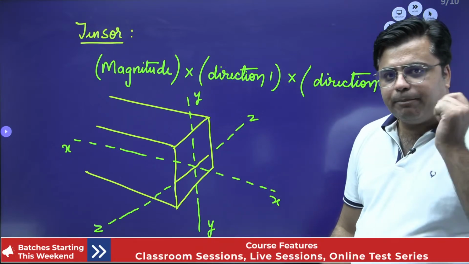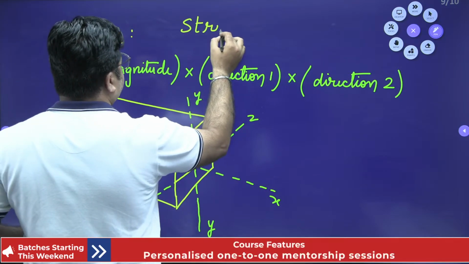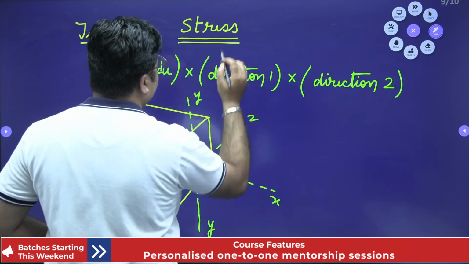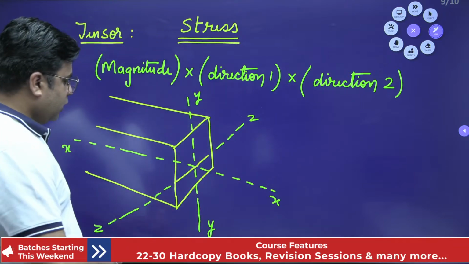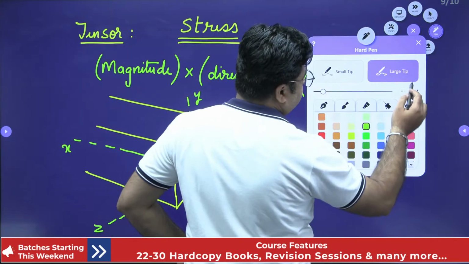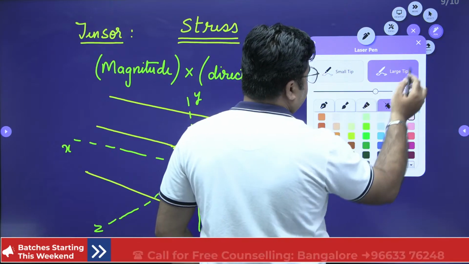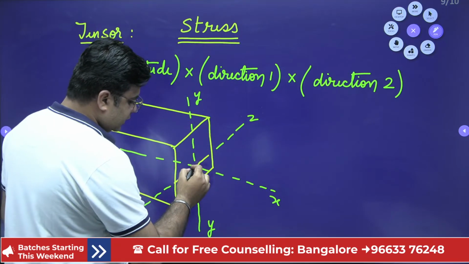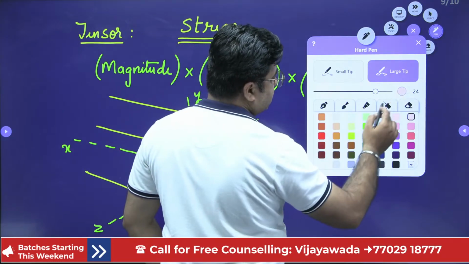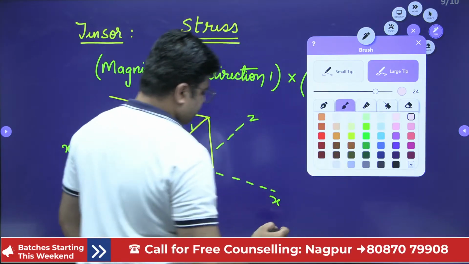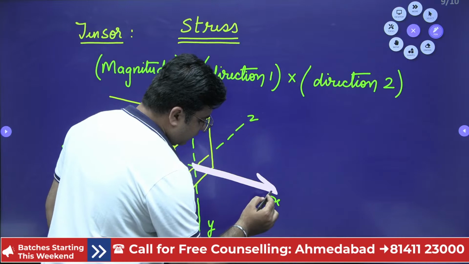So the primary example of tensor is stress. Stress is a tensor quantity. Stress has one magnitude and two directions. Now understand how it has two directions. For example, if I apply one load in this direction, this is the load that I have applied.